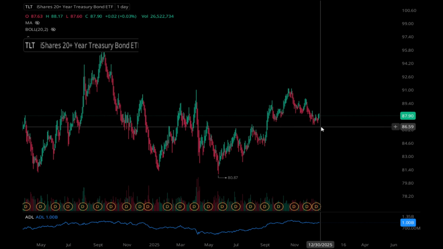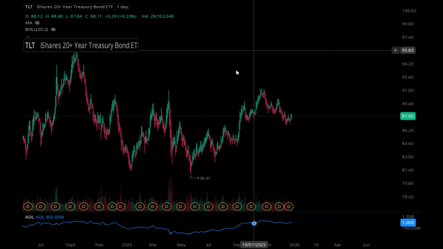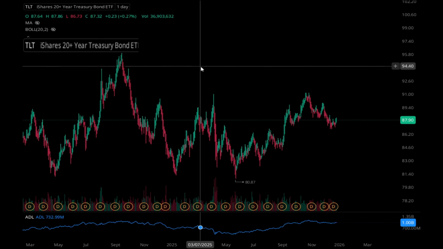On top of that, we have the Fed cutting rates. Just so many different things are pushing TLT into a bullish process. We've been in the Treasury bear market for quite a while, and I do believe this is how we're going to see the exit of that.